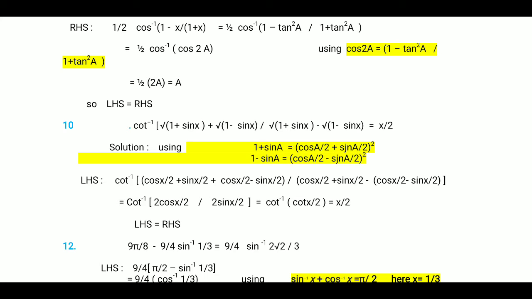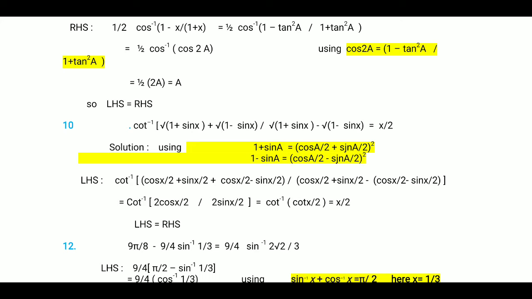Left hand side becomes cot inverse of, as square and square root both remove, (cos x by 2 plus sin x by 2 plus cos x by 2 minus sin x by 2) upon (cos x by 2 plus sin x by 2 minus cos x by 2 plus sin x by 2).